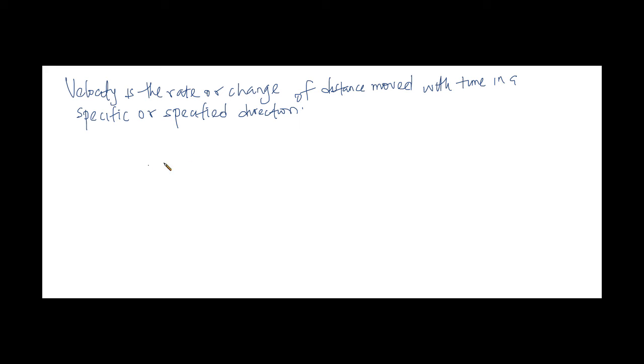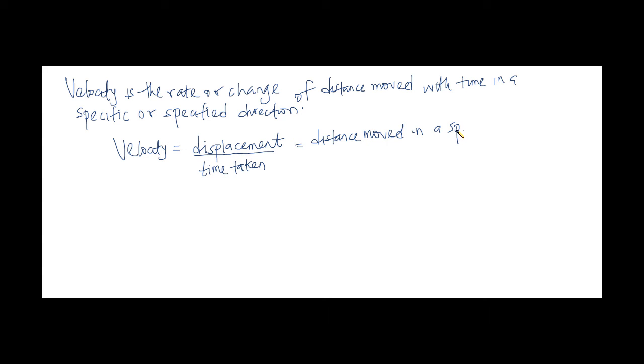And we have the formula for velocity. Velocity is equal to displacement over time taken. It can also be stated as distance moved in a specified direction, which is displacement, over time taken.